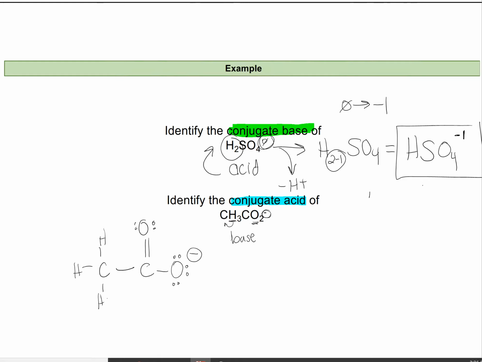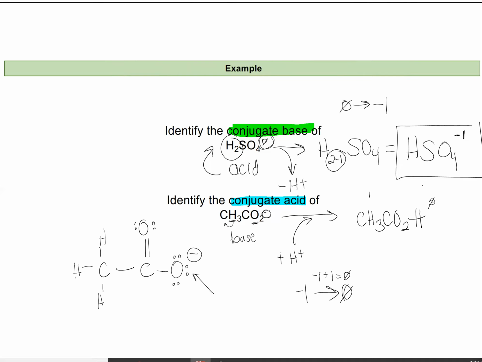So the place that a hydrogen will bond is to this place that has all these extra lone pairs. So when I rewrite this, I'm going to add a hydrogen. That's going to look like CH3 still, CO2, and now I just add an H at the end. And since I was at a -1 charge and I gained a proton, I'm going to go to 0, or -1 plus 1 equals 0.